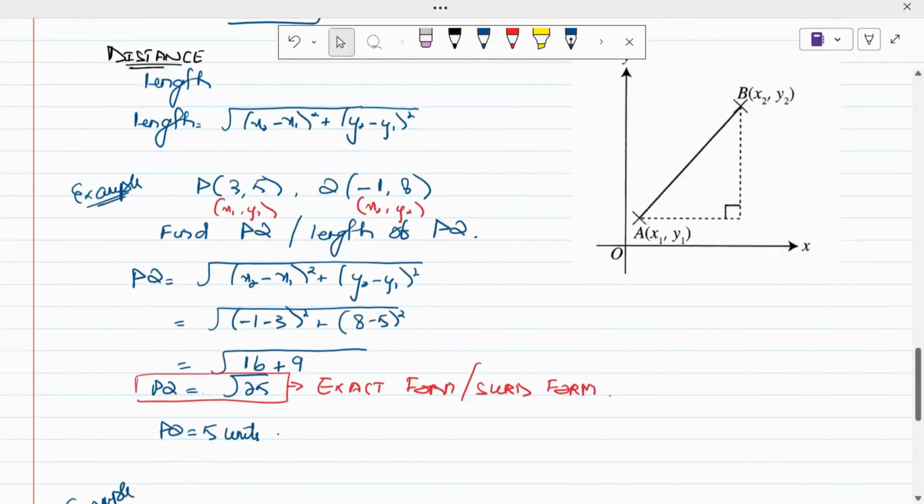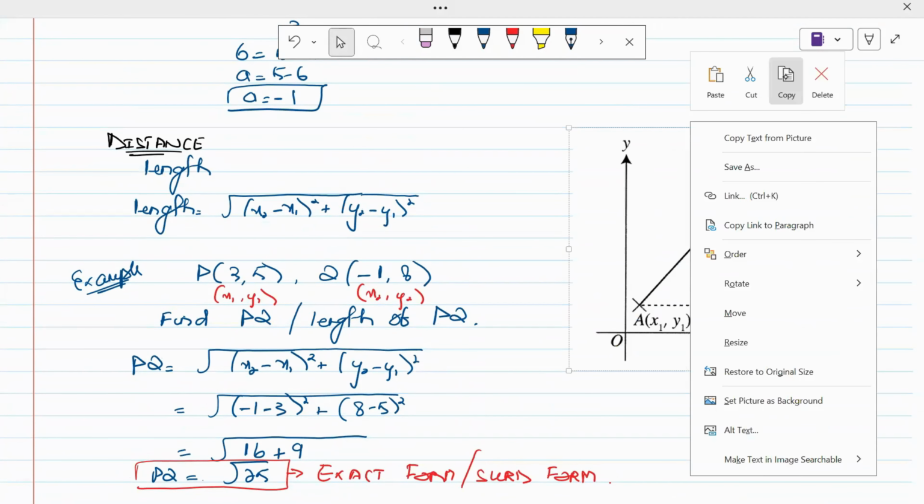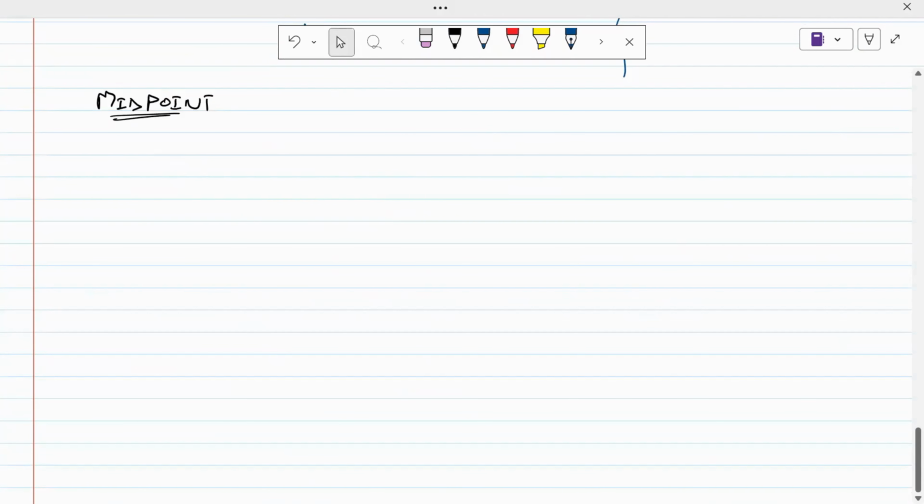Another important concept under the heading of coordinate geometry is the concept of the midpoint. So we'll again consider this XY plane that will help us in visualizing things in a better way.